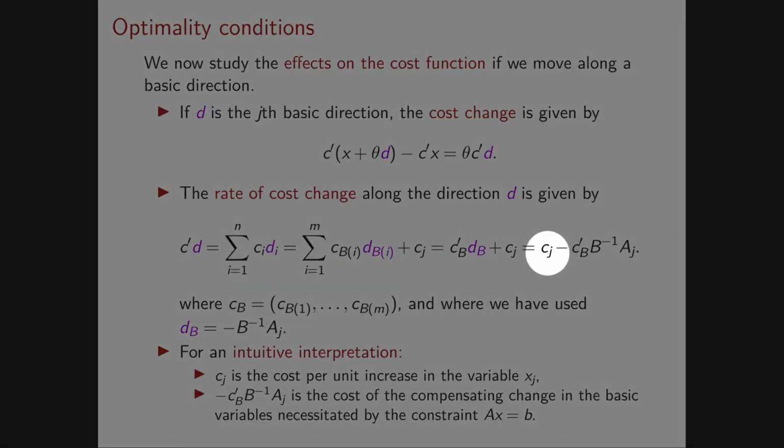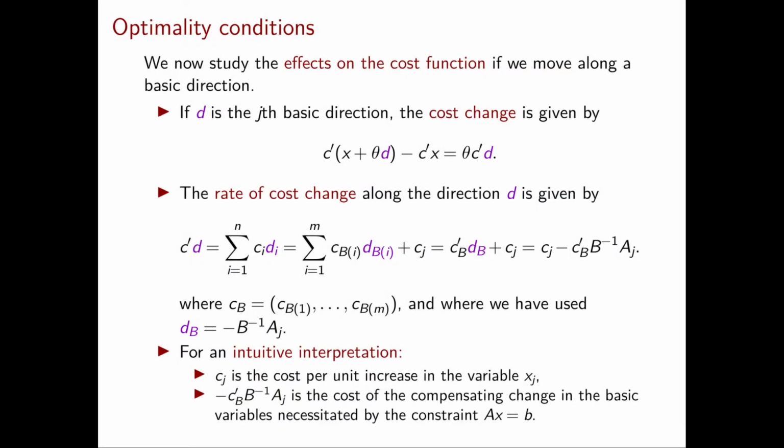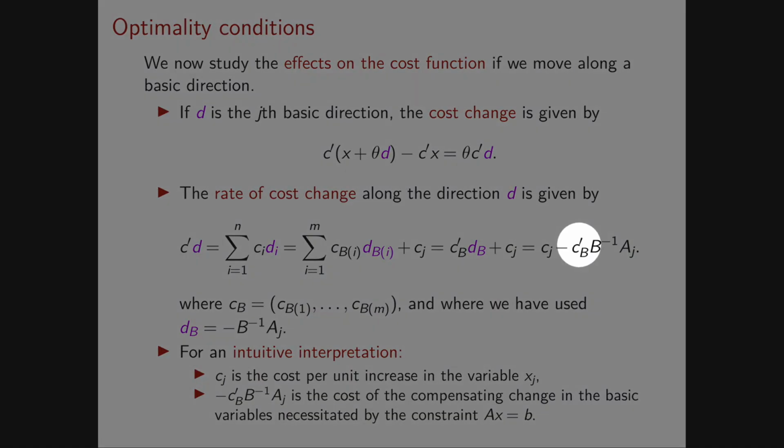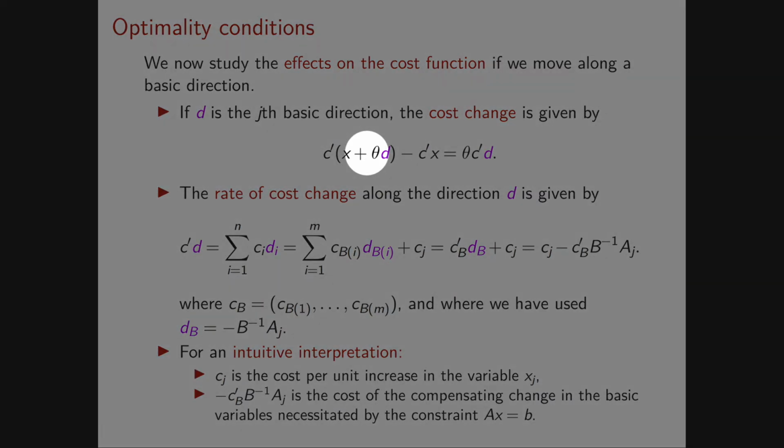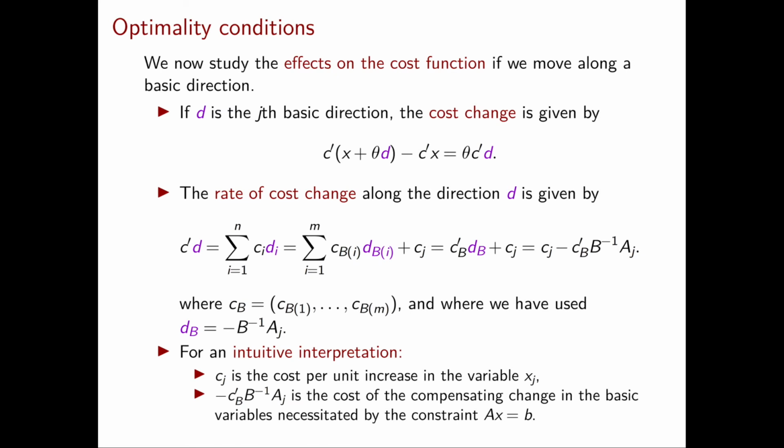Cj clearly corresponds to the non-basic variable xj that we are increasing from 0 to 1. So Cj is the cost per unit increase in the variable xj. And the remaining part of this formula, this minus CB transpose B inverse Aj, is simply the cost of the change in the basic variables which is needed in order for the vector x plus theta d to satisfy the constraints Ax equal to b.